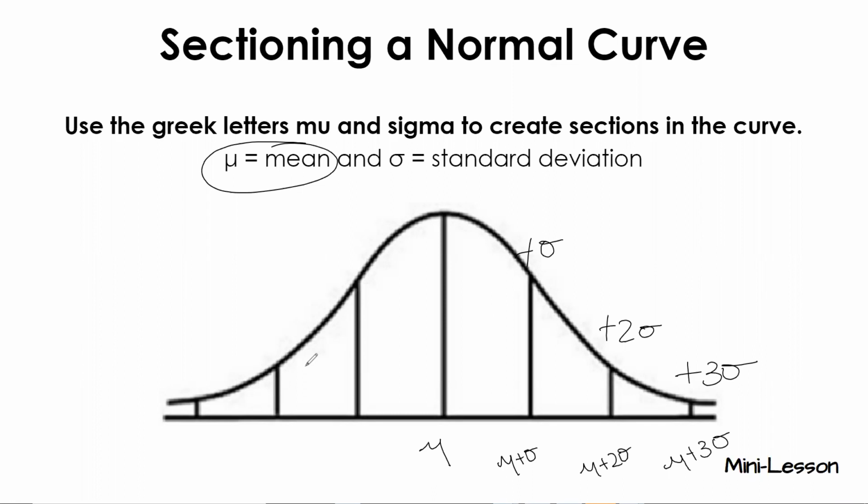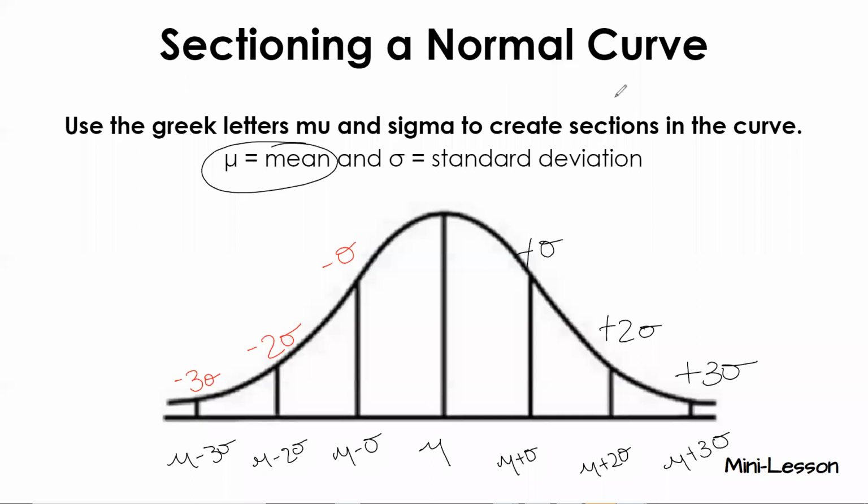Now on the other side, this is below the mean. So we're going to subtract the sigmas. So we're going to say mu minus sigma, mu minus 2 sigma, and mu minus 3 sigma. So again, just like what she was saying, you could say minus sigma, minus 2 sigma, minus 3 sigma.